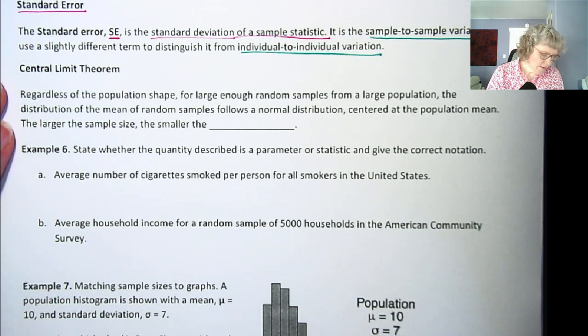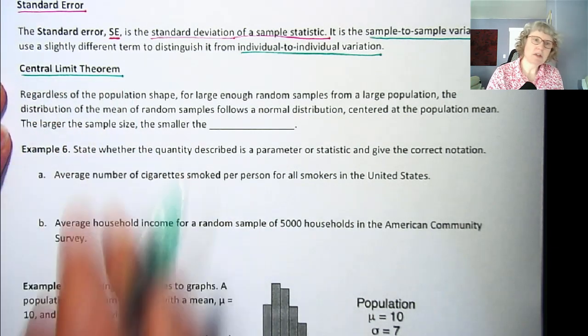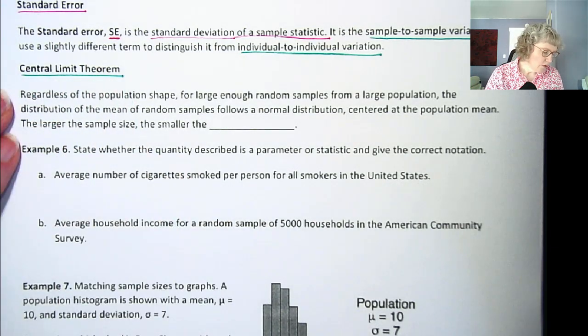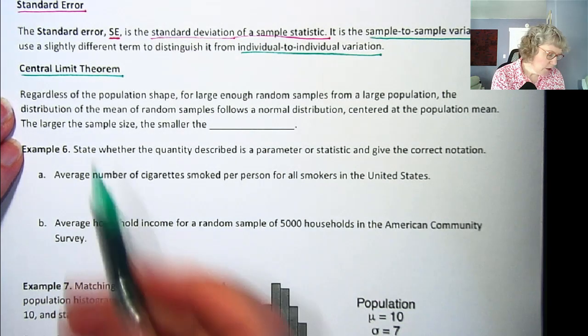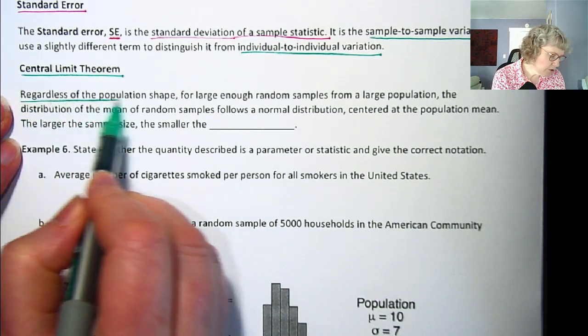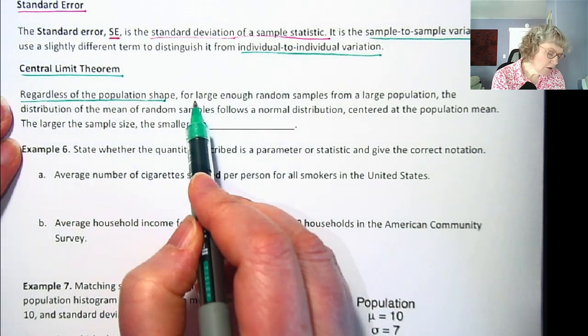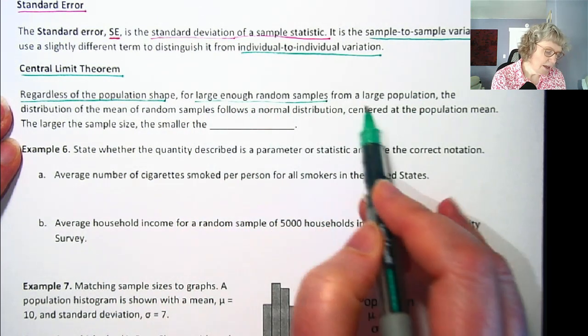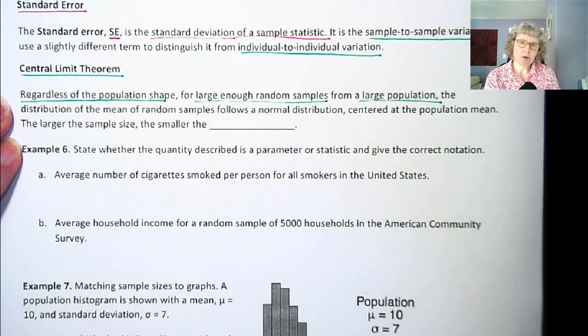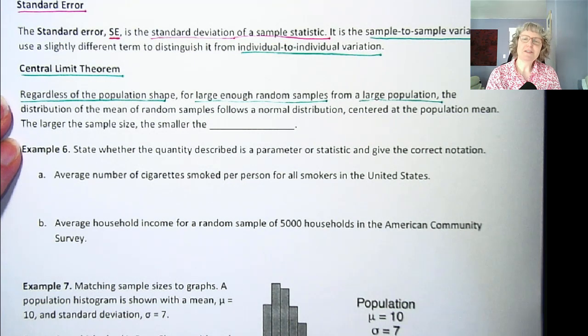The next thing I want to make more formal is what I mentioned as the central limit theorem. Here's what we saw: regardless of the population shape, for large enough random samples from a large population, we'll talk more about that later. There are a few conditions on this.